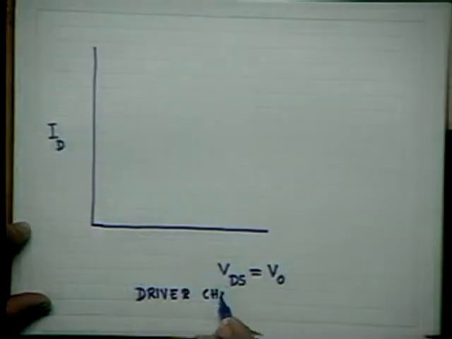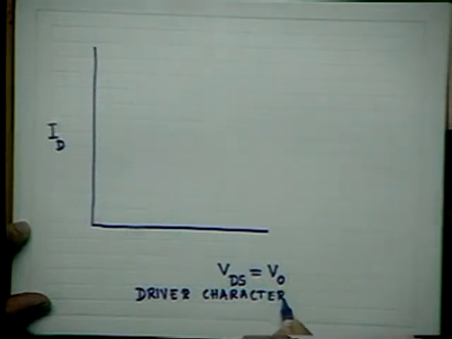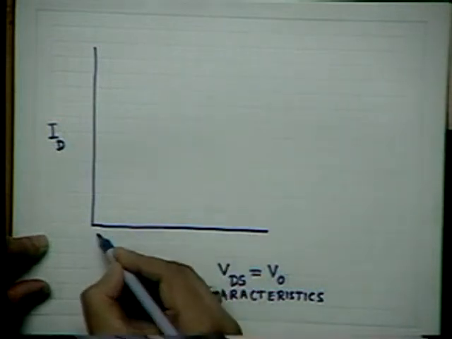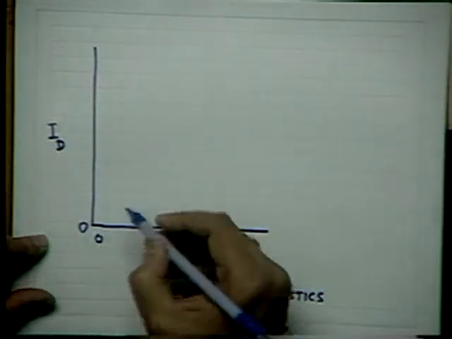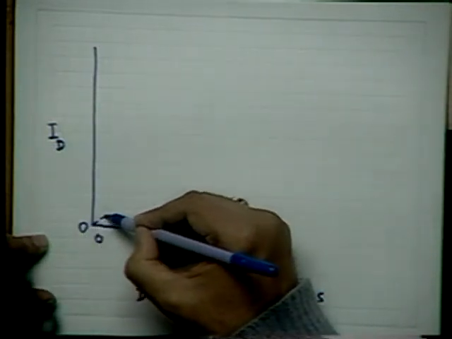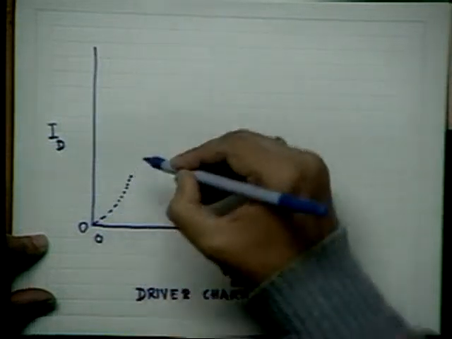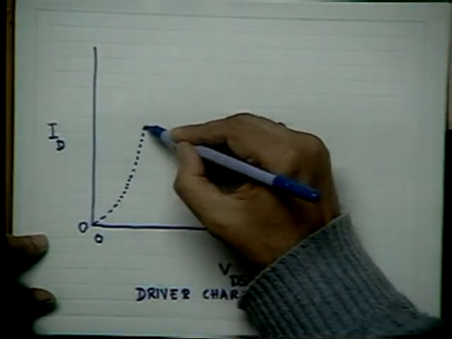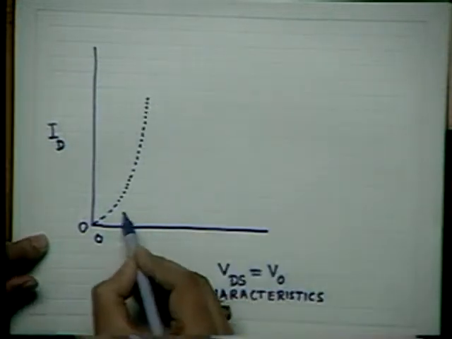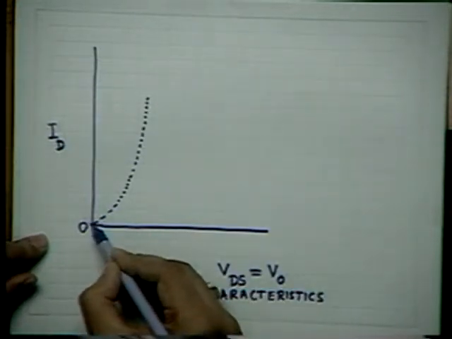So these are the driver characteristics. And as before, we can draw the set of characteristics, say we can draw like this.